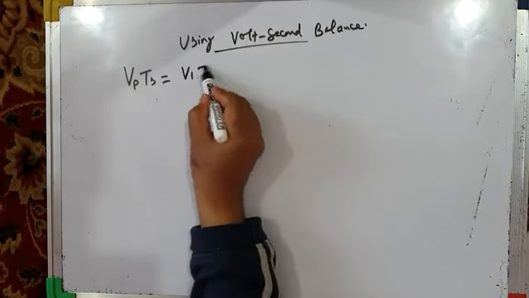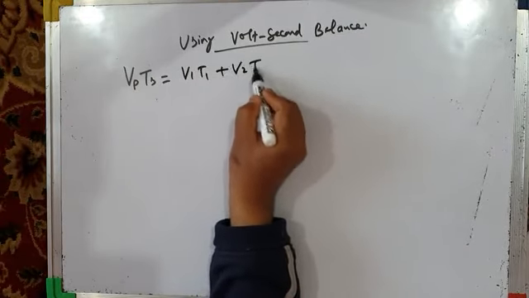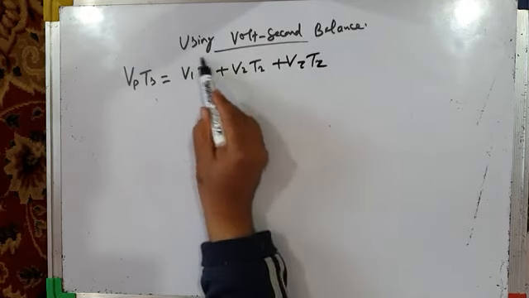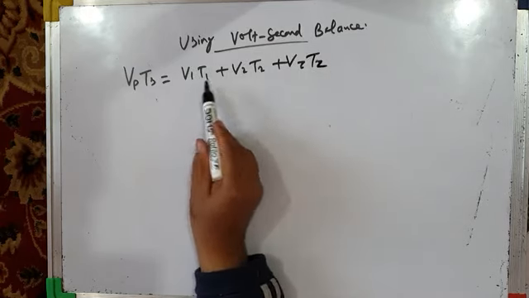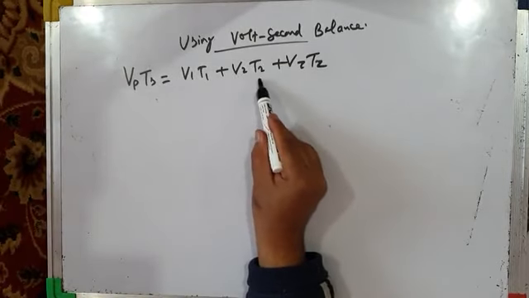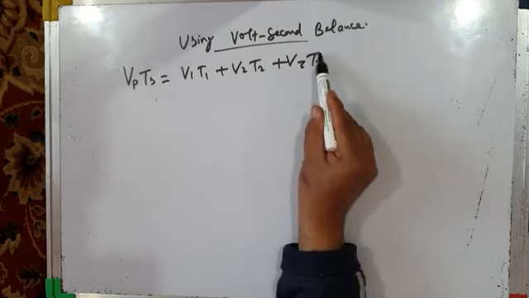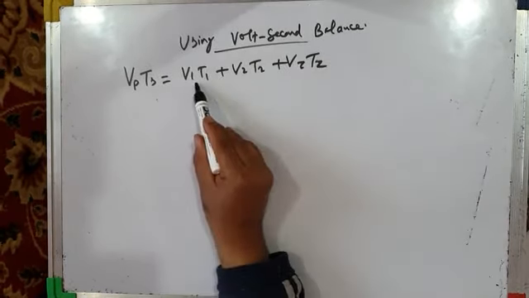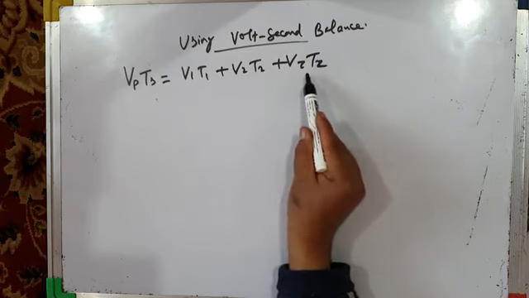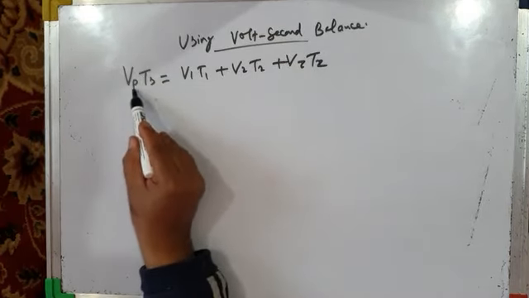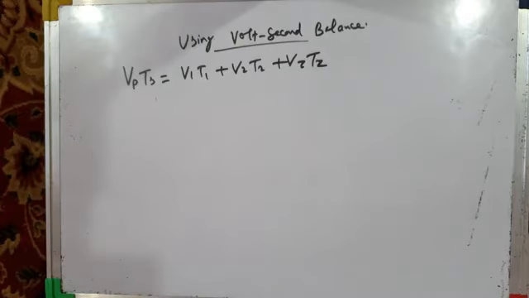Vp Ts is equal to V1 T1 plus V2 T2 plus Vz Tz. I mean, active vector 1 is applied for time interval T1 as we do in the conventional space vector PWM technique. Active vector 2 is applied for time interval T2, and null vector Vz is applied for time interval Tz. So this volt second plus this volt second plus this volt second should be equal to the reference volt second. Vp is basically the reference voltage vector, Vp into Ts, right?